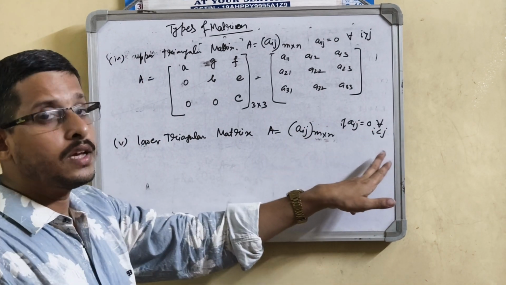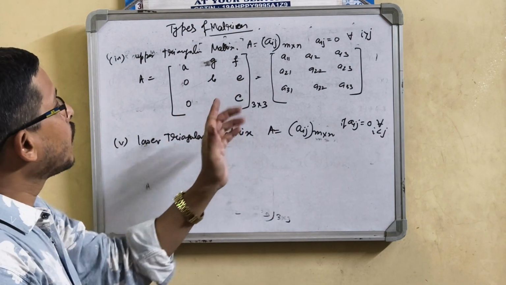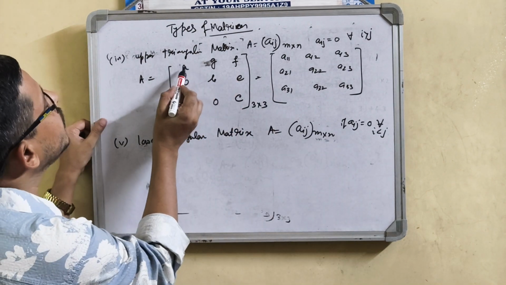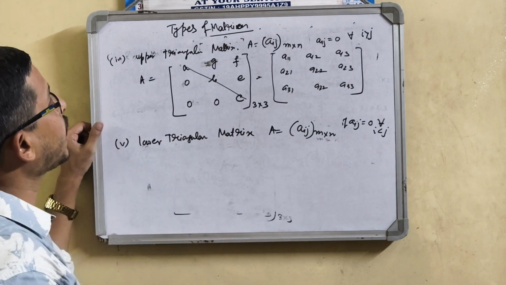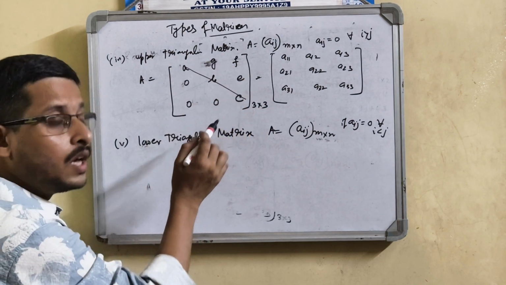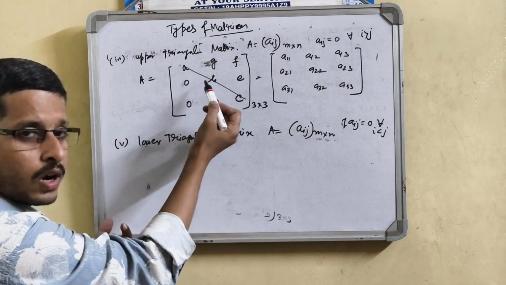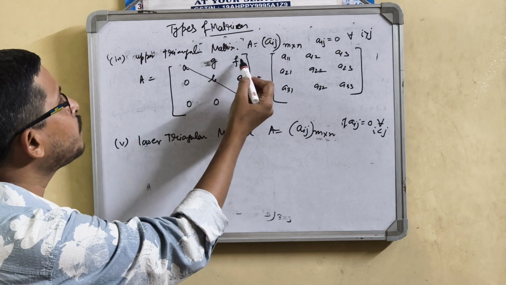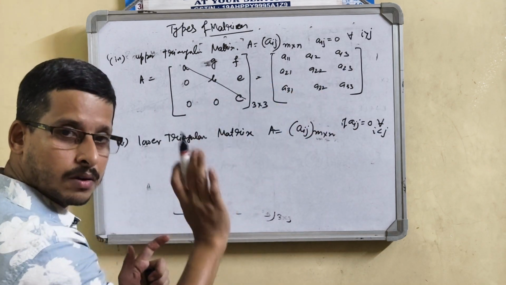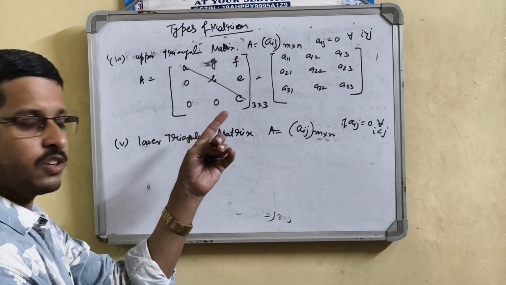That means if we consider this as the principal diagonal, as this is a square matrix, then all the members of the lower portion of the principal diagonal should be equal to 0, and for the upper portion there will be some numbers. This is the upper triangular matrix. Just the reverse of that definition.